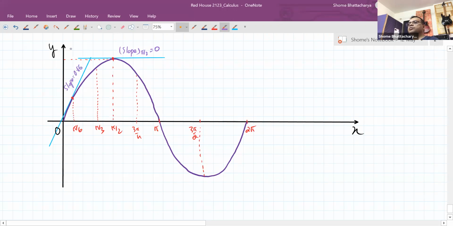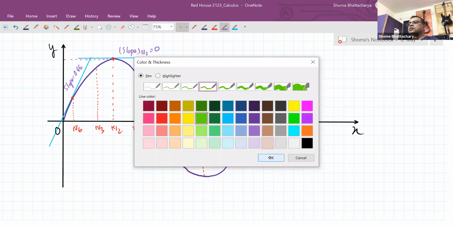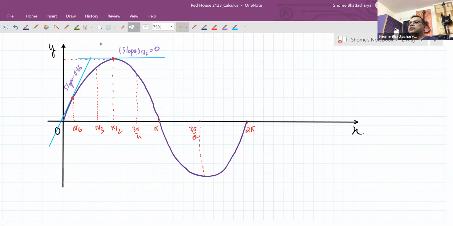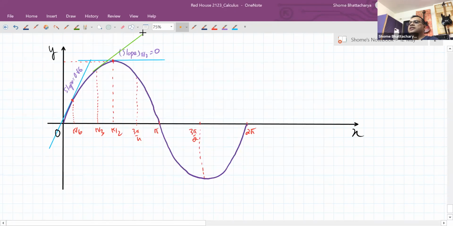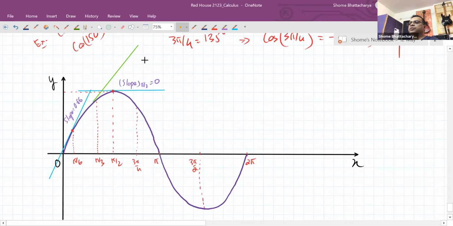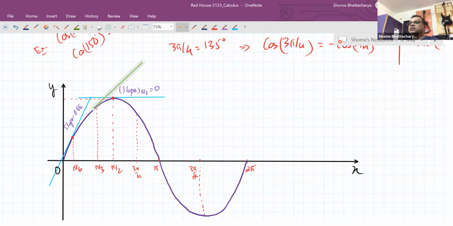But compare that with the tangent that we've drawn at this point pi by 3. You can see it has a lesser slope because the shape of the curve is changing like this. So this is how we can correlate the information from the graph with what we are getting from differentiation. At pi by 3, the tangent is like that green colored line, which has a different slope of 0.5.